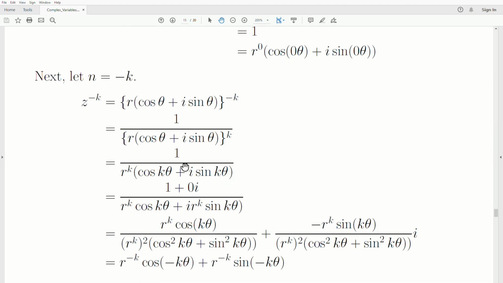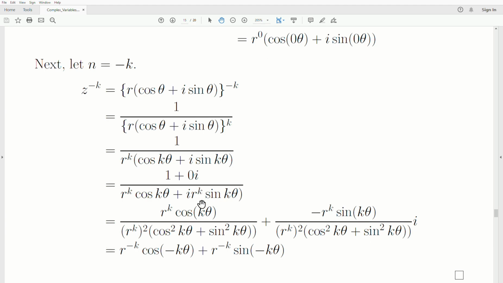And now 1, we write it in complex form. When you divide complex numbers, you essentially multiply by the complex conjugate of the denominator. So you take it times 1, and then multiply it out. I'm not going to cover the multiplication or division of complex numbers because we covered that in a previous video, but you get this.